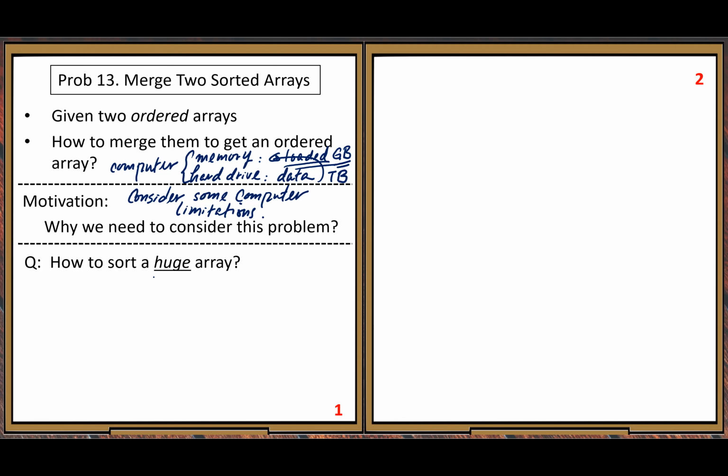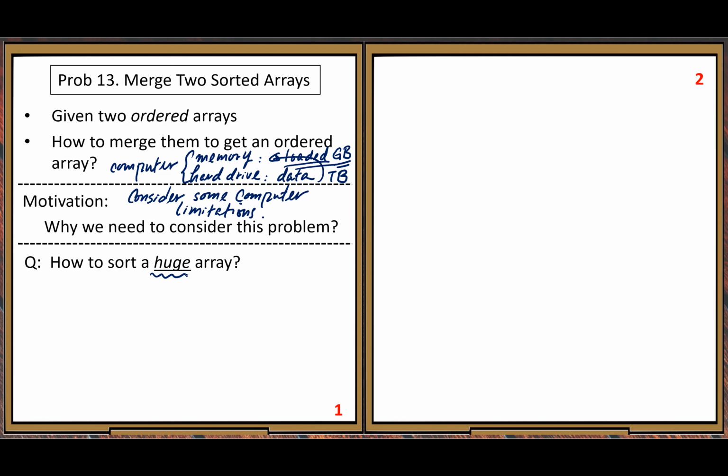So that's the background behind this huge array. How huge is it? The size of the data is much larger than the size of the main memory. That huge. We know it's rare, and you can argue it is rare.